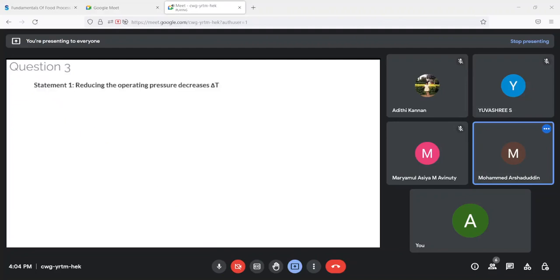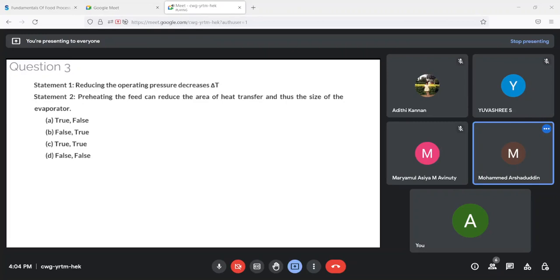Statement 1. Reducing the operating pressure decreases the delta T. Statement 2. Preheating the feed can reduce the area of heat transfer and thus the size of the evaporator. So which one of these statements are true and which one of these are false?